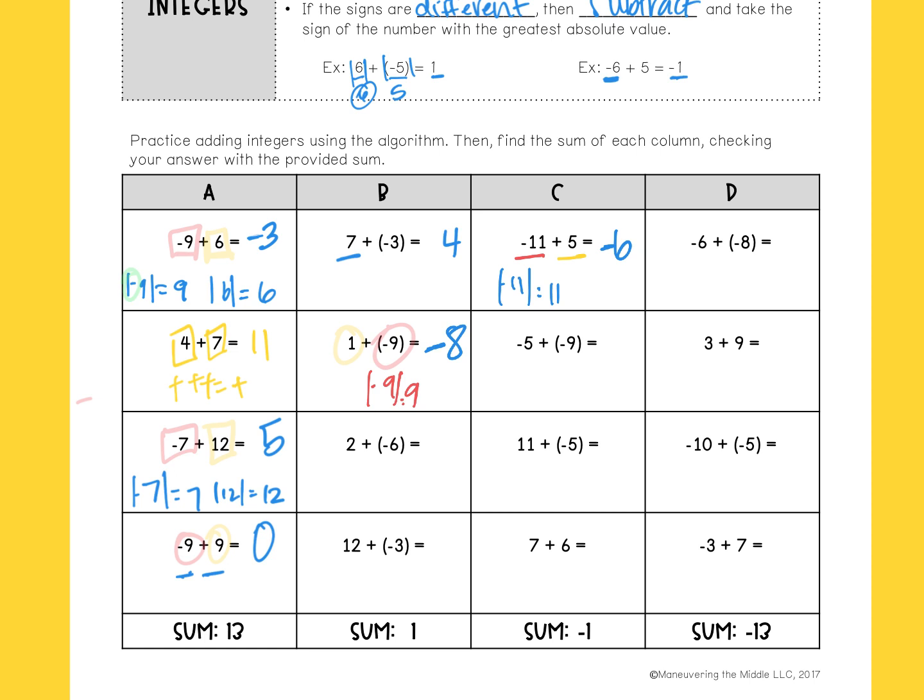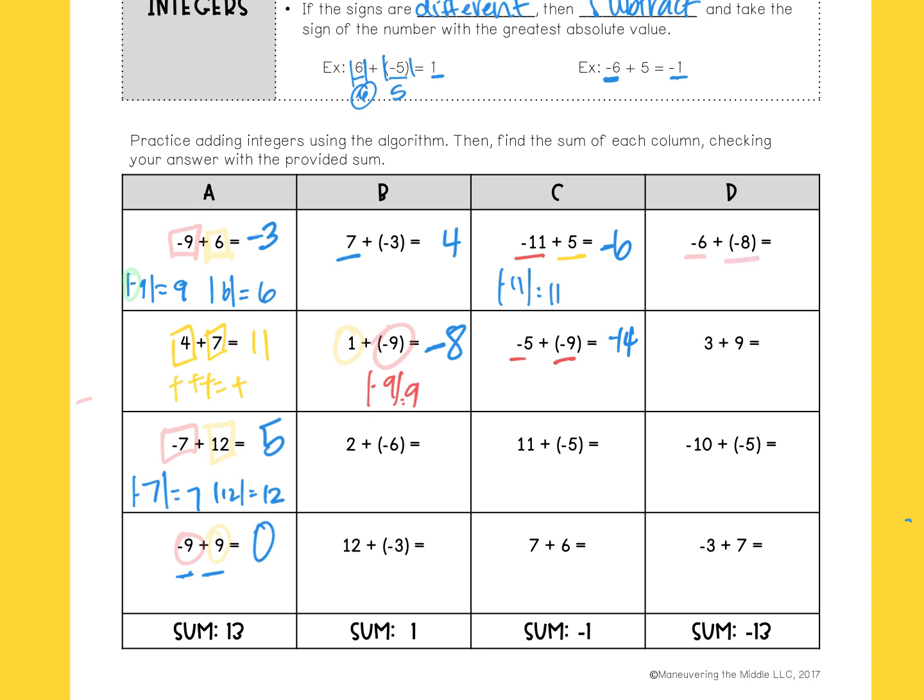And now I'm going to do negative 5 plus negative 9. I have two negative numbers, so my answer will be negative also. 9 plus 5 is 14, so negative 14. If you guys would do 11 plus negative 5 and 7 plus 6 on your own, I'm going to do negative 6 plus negative 8 with you.